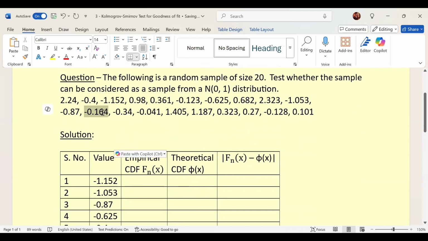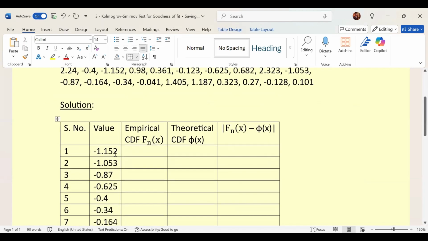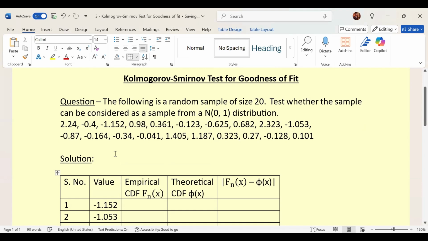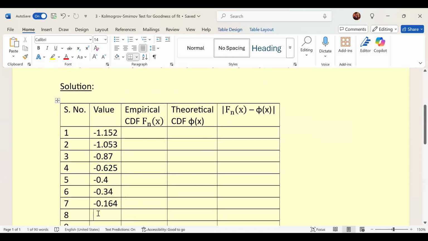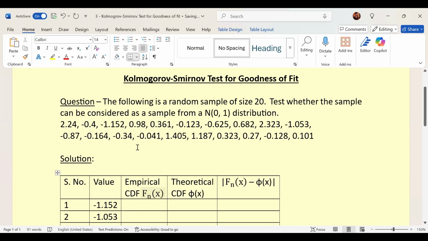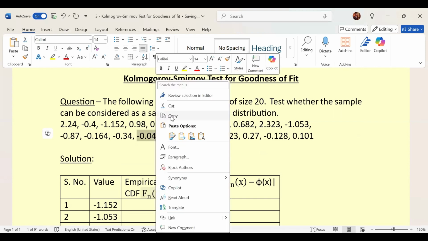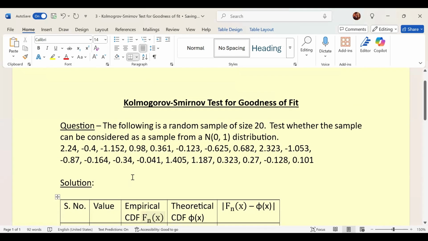negative 0.164, then next is negative 0.128, then the next least is negative 0.041. Then I think all negative numbers are considered.